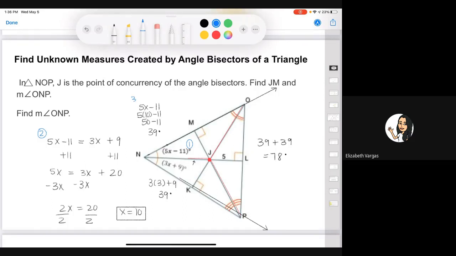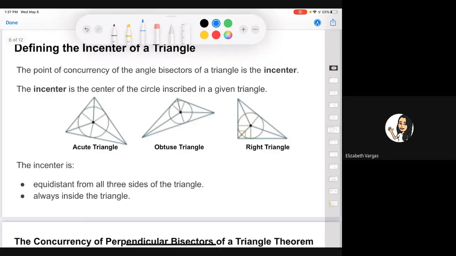I want to plug it back in. That gives me that both of my congruent angles are equal to 39, but I want the entire angle. I want all of ONP, so that means both of these angles together. Add those together, and that tells me that angle ONP is equal to 78. Okay, so that's how we would solve this one.